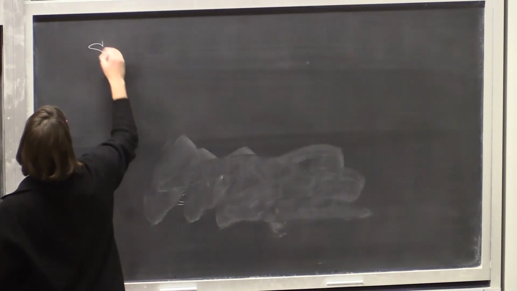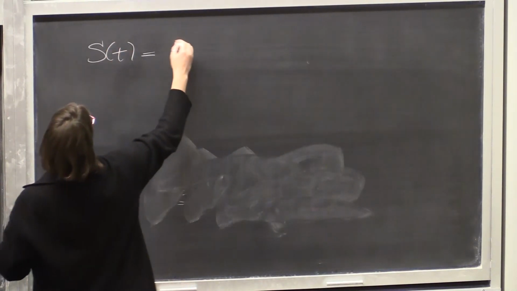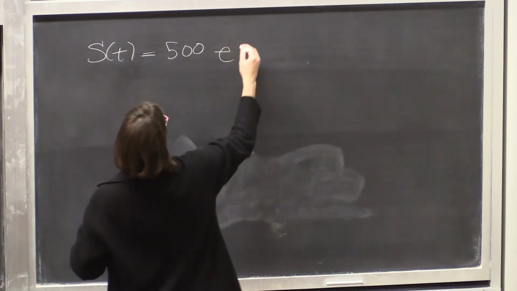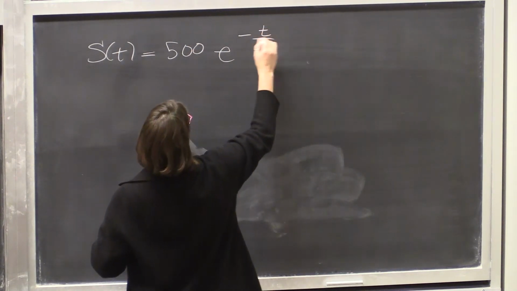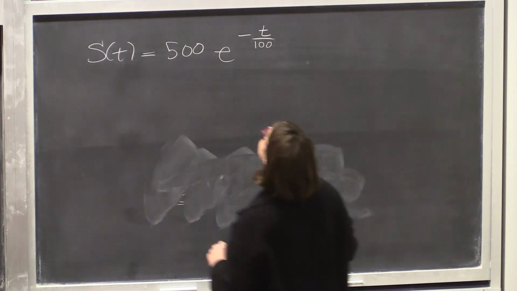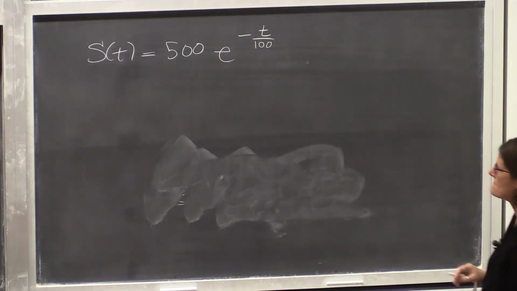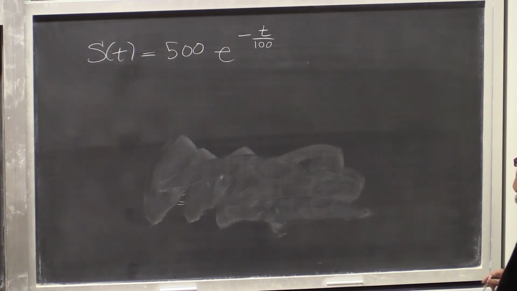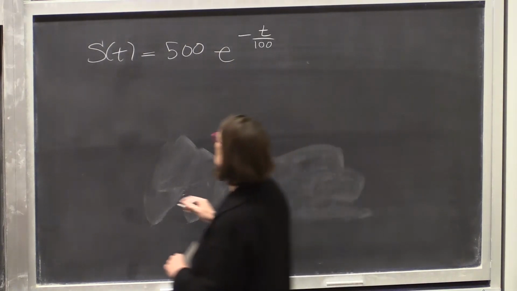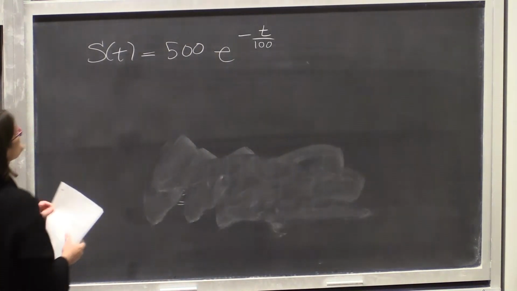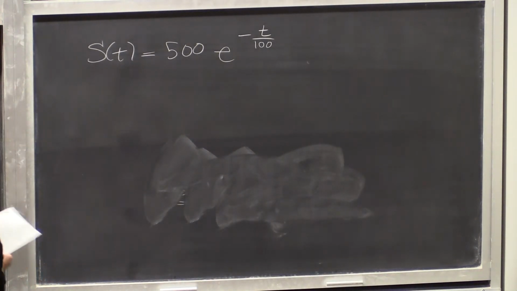So the solution of that is going to be S of t is 500 e to the minus t over 100. I can check. First of all, it satisfies the differential equation. I did that example right up there.